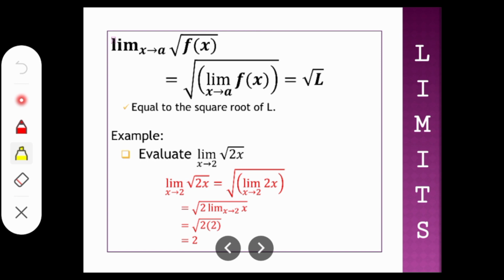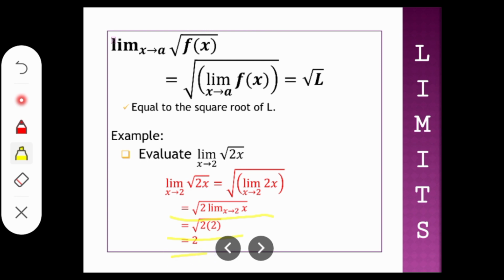So let's simply distribute the limit inside, with the 2 here. So we have the square root of 2 times the limit of x as x approaches 2. The value of our x is 2, so the square root of 2 times 2 is equal to 2.